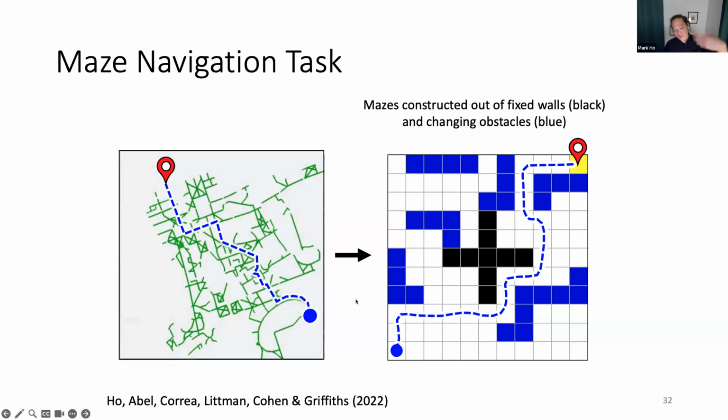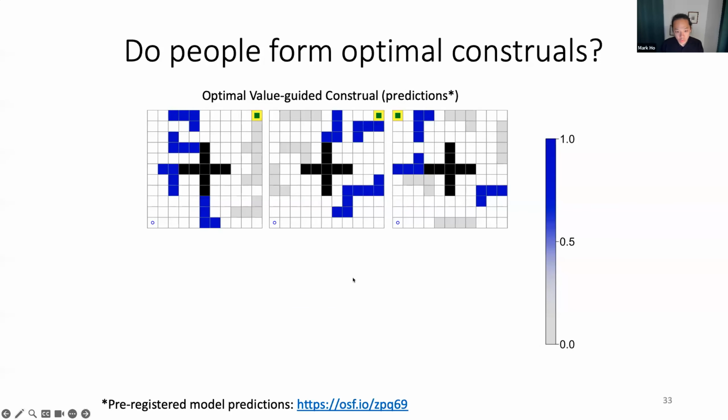And in the same way that you can imagine there being an optimal representation for biking, there's an optimal simplified representation in these maze tasks. This cognitive model gives us predictions for which objects people are going to pay attention to in this type of task and which ones they're going to ignore.